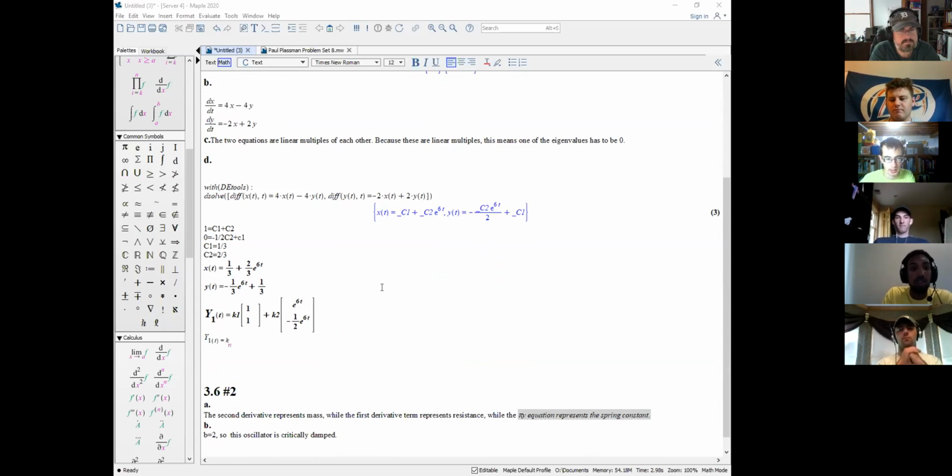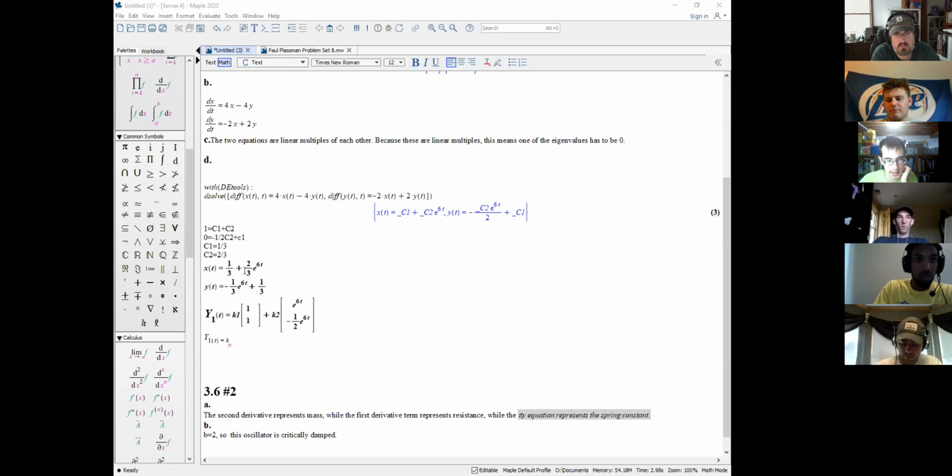Okay, and for part D, we did a dsolve and got the general solutions of these two. And from there, we plugged in the initial conditions and figured out what K1, well, there's supposed to be K1, I have C1 here. That's okay. We found out that K1 was 1/3 and C2 was 2/3.